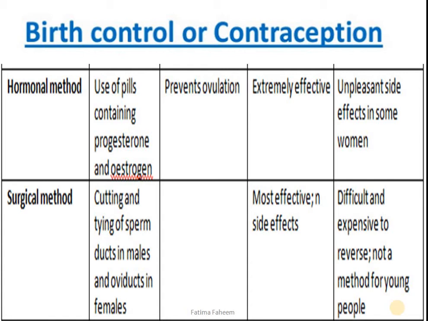So what we do in surgical method is that we cut or we tie up these ducts. In males, we do that with the sperm duct, while in females, it is done with the oviduct. Both of these methods are quite effective and are difficult and expensive to reverse, and it's not a method to be recommended to the young people.